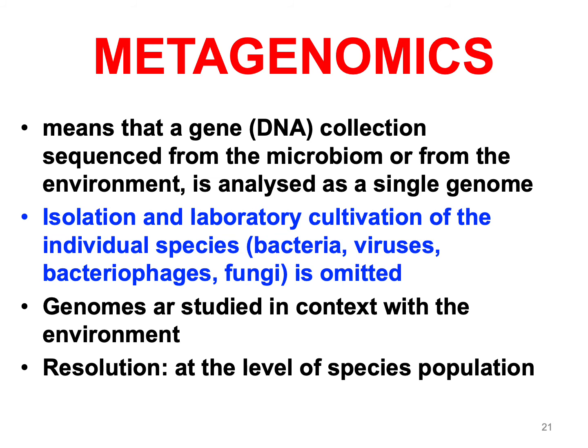For example, from the microbiome, from the feces, or from the environment, and is analyzed as a single genome sample. Isolation and laboratory cultivation of the individual microbe species like bacteria, viruses, bacteriophage, fungi is omitted.